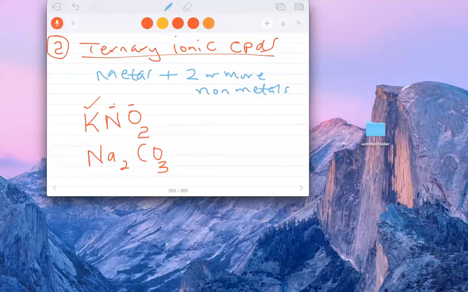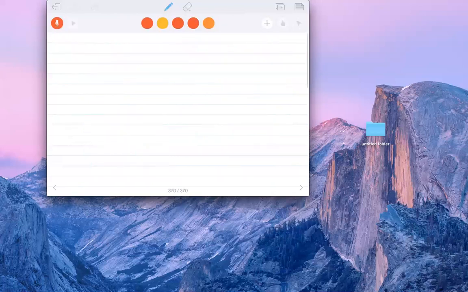So how do you write the correct formula for ternary ionic compounds? The same way as binary ionic compounds, except you have to use the polyatomic ion table. If you know that this has the ionic charge of -2, and maybe it is reacting with lithium, we still use the crossover rule.